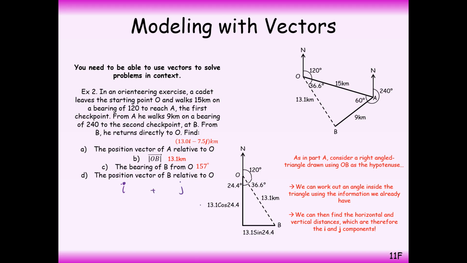So what goes in the x direction is this number here. Evaluate that on your calculator, put that in front of i, and put this in front of j. Notice that this needs a minus sign in front of it, because from our diagram we are going down in a negative direction. So we need to have negative 12.1 for units of j.